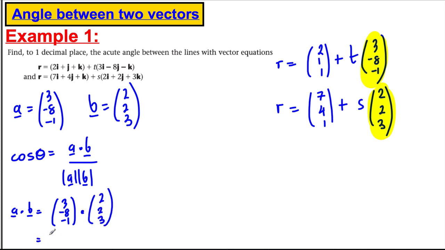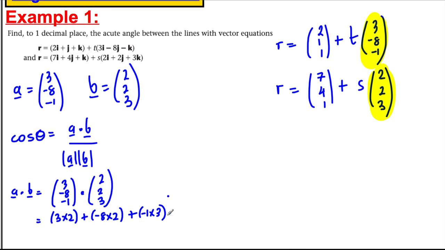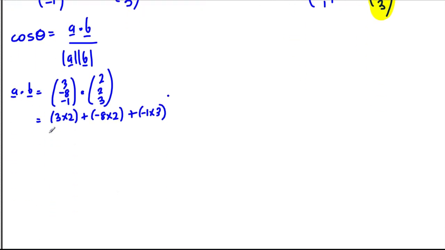So we're going to get ourselves 3 multiplied by 2 plus negative 8 multiplied by 2 plus negative 1 multiplied by 3. If we do that, let's just scroll down the page a tiny bit here. So we're going to get ourselves 6, subtract 16, subtract 3, and that's obviously going to be equal to negative 13. So A dot B is negative 13.